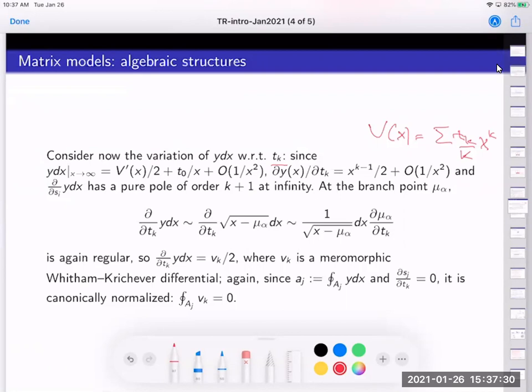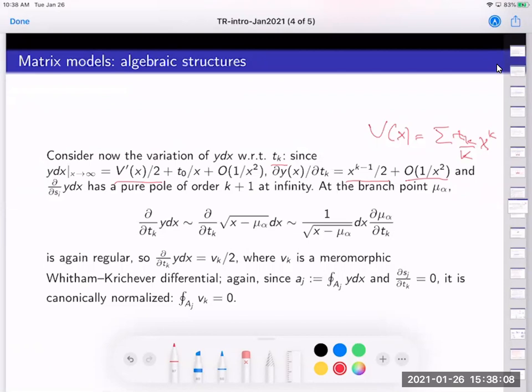So if we consider the same variation, now the variation of this part is of course not zero, but in the variable x it is some pure pole of order actually k plus 1, and the rest is regular.